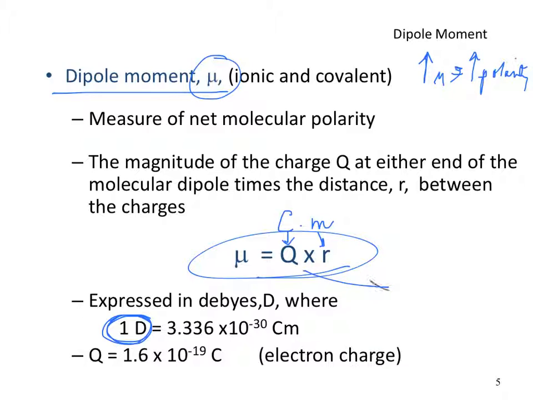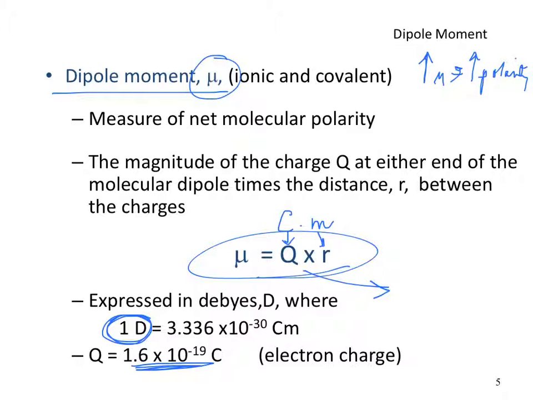This Q usually would be in terms of the unit charge. So 1.6 times 10 to the negative 19 coulombs is the charge of an electron. And so depending on whether it's 1 positive, 2 positive, you would be able to make your call whether you need to multiply it by 1 or 2 or 3 as the case may be. But definitely, greater the value of the dipole moment, higher will be the polarity.